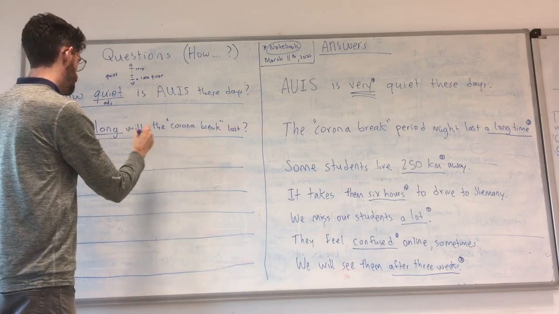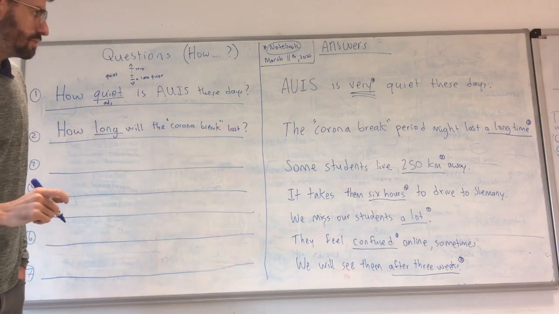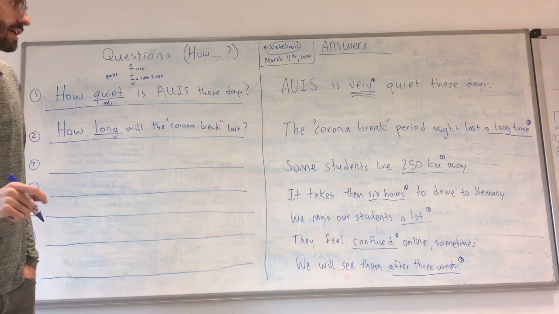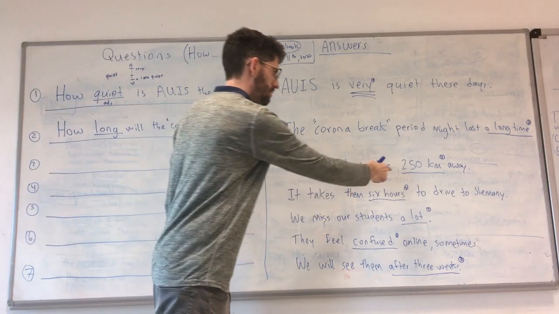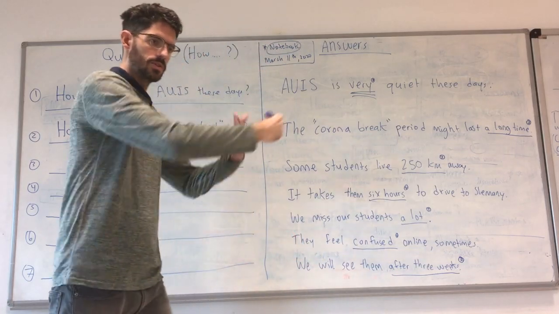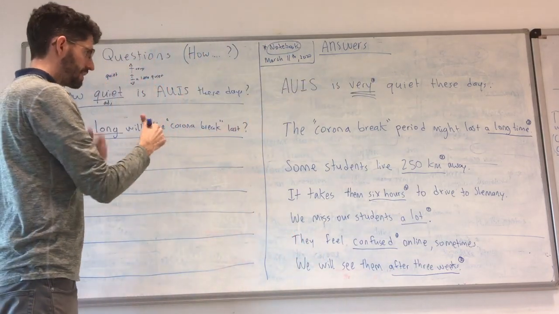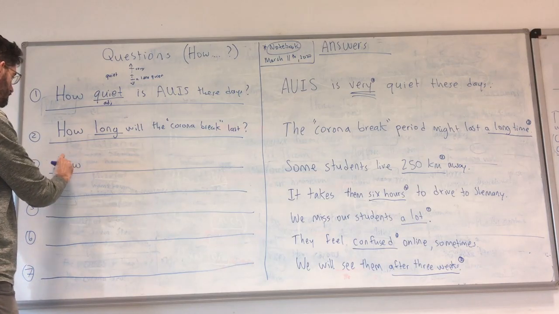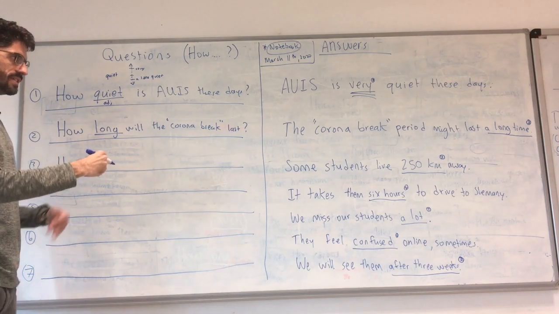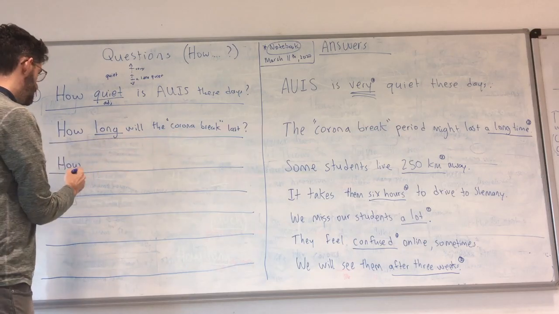Okay. Number three, some students live 250 kilometers away. Okay. So the key word is 250 kilometers. So I want to ask a question. I could say how. I want the distance. Do you remember?